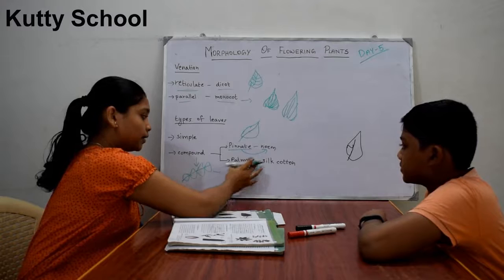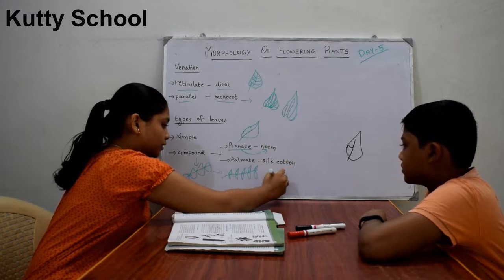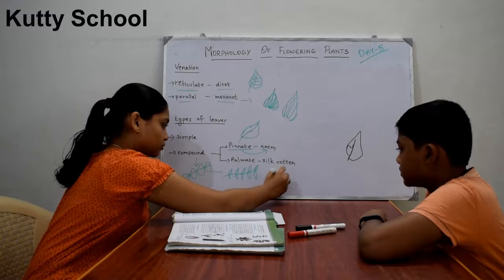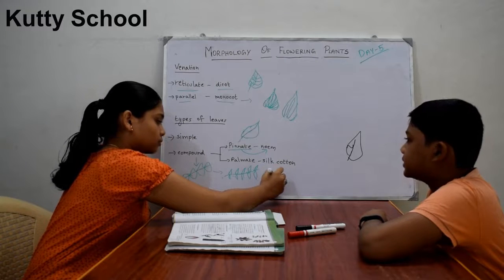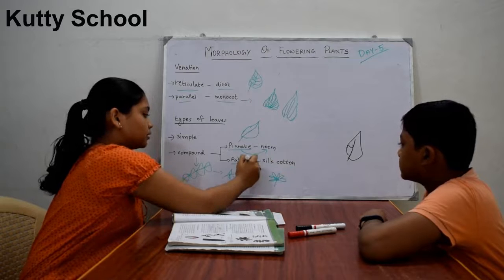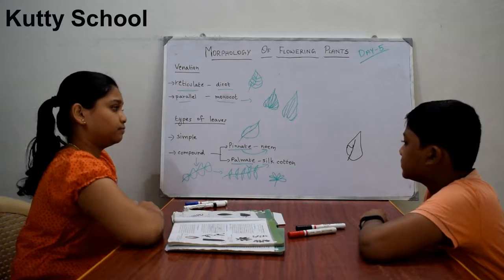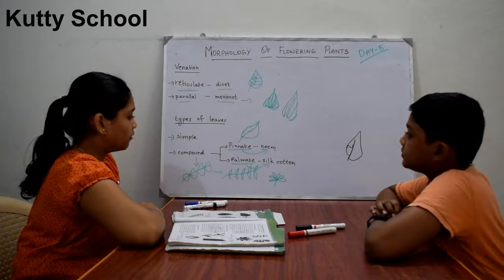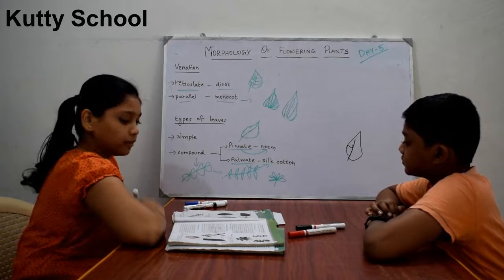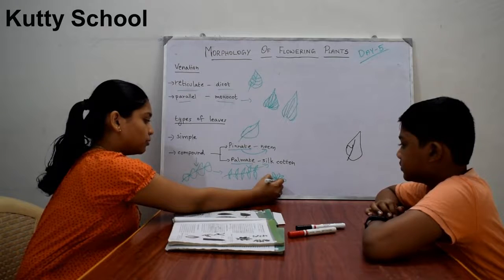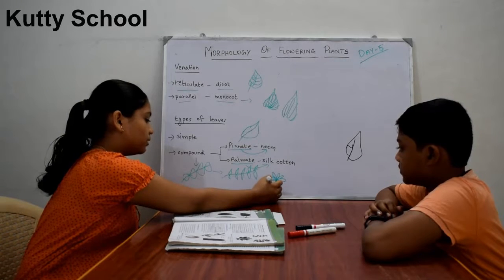And in palmately compound leaves, all the leaflets are arranged at the same tip, like petals of a flower, but these are leaves. It is observed in silk cotton. They have given only silk cotton as an example. At the tip of the petiole, this is the petiole, and this is the leaf base.